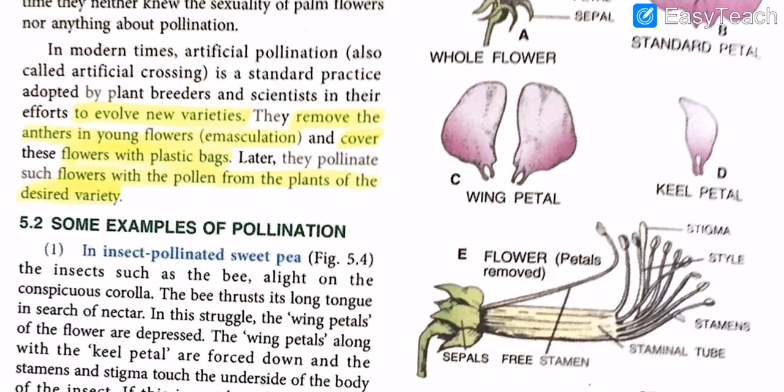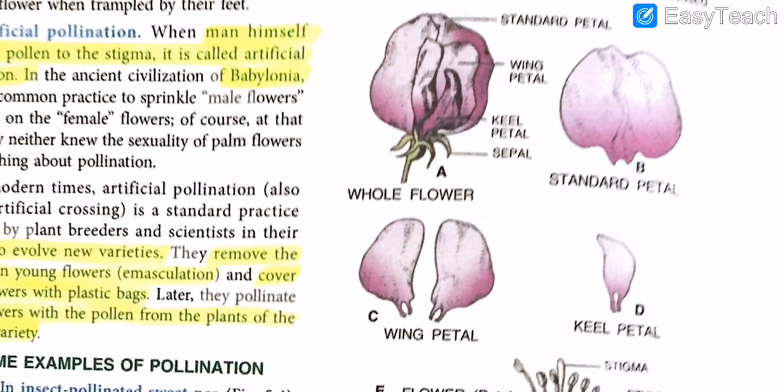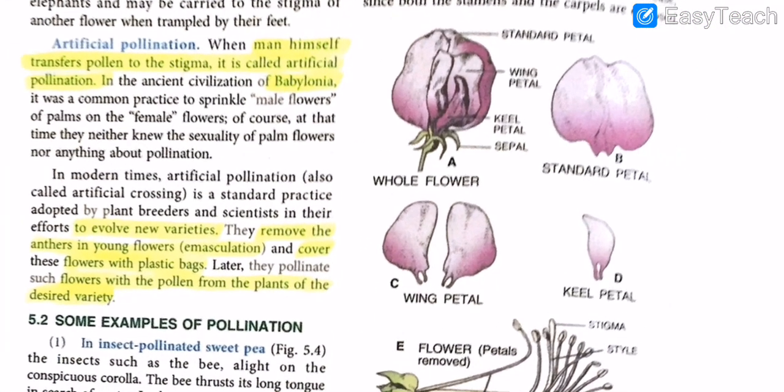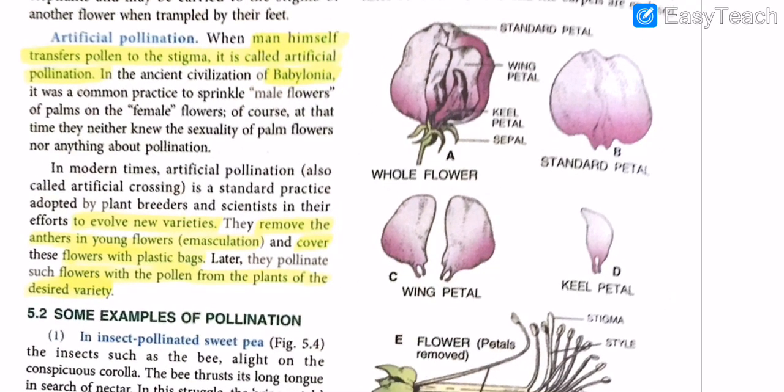Okay, so the insects as the bee alight on the corolla. Okay, let me just show you this picture while I read this. And let's refer to this picture, all right? Okay, so in Fig 5.4, as you can see over here, the insects such as a bee, they alight on the corolla, and the bee thrusts its long tongue in the search of nectar.